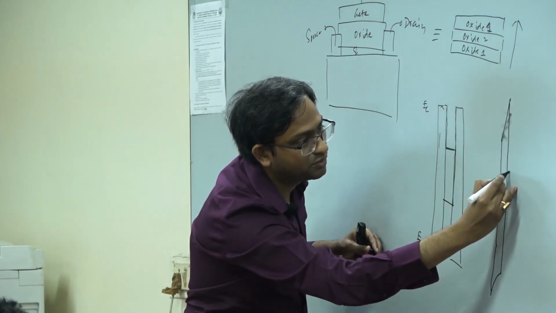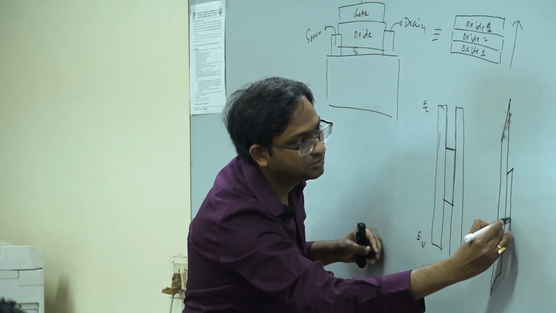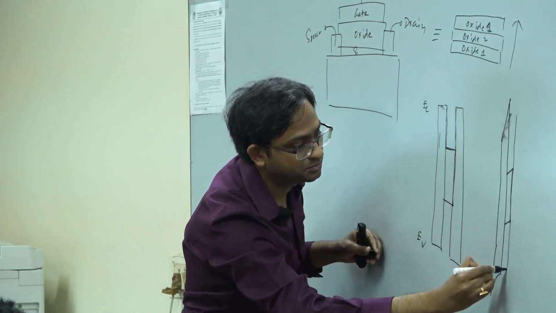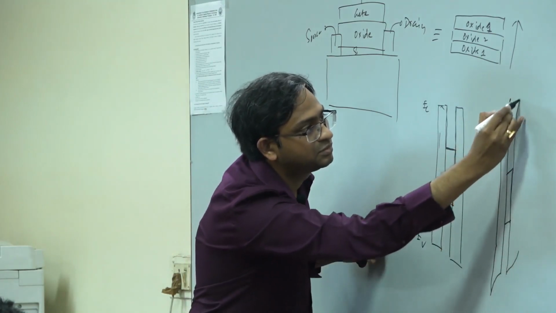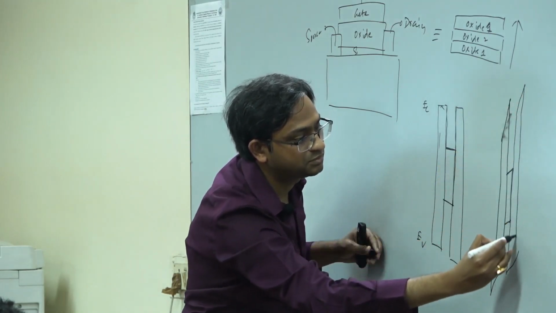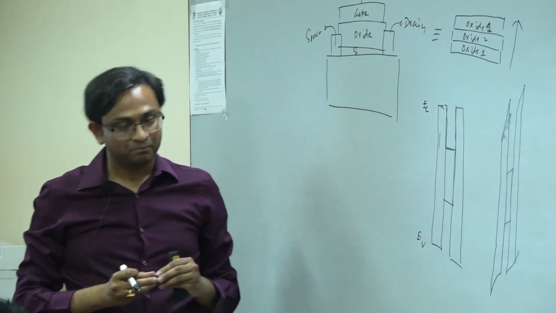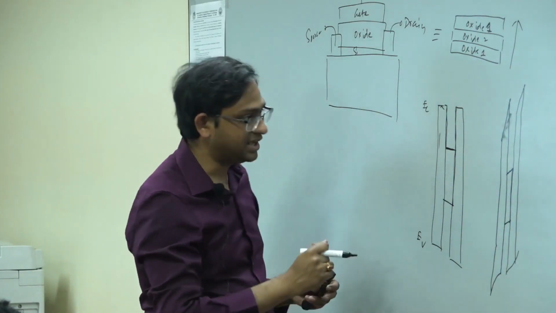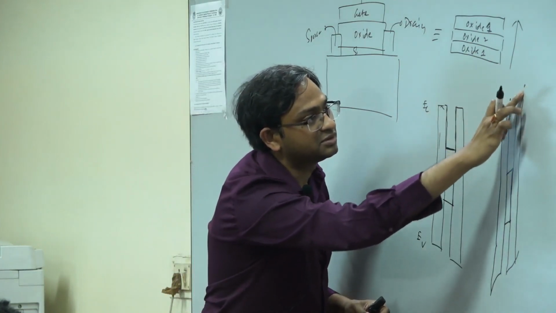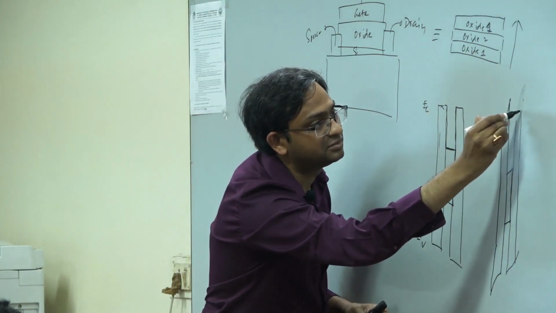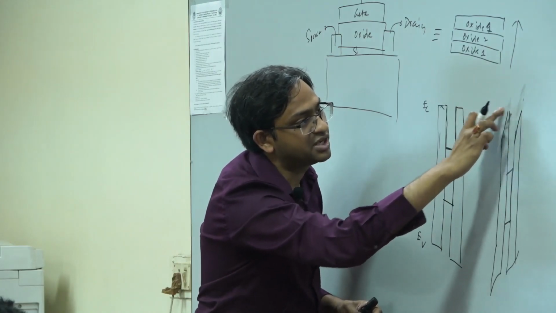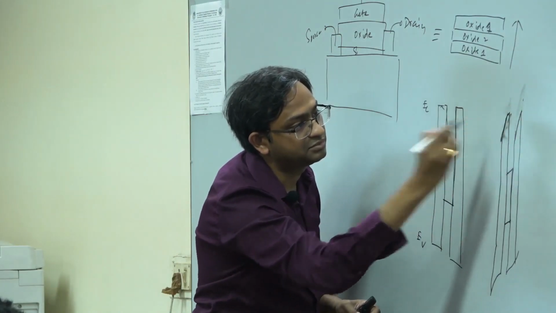Okay, there will be some more voltage drop over here, and there will be another one. Now, this is not drawn to scale, because the band gap does not change, so the height will remain the same.